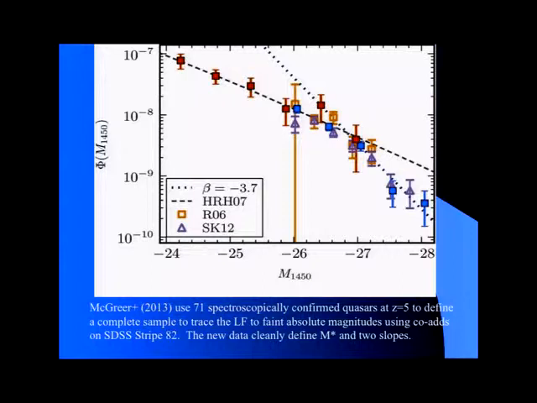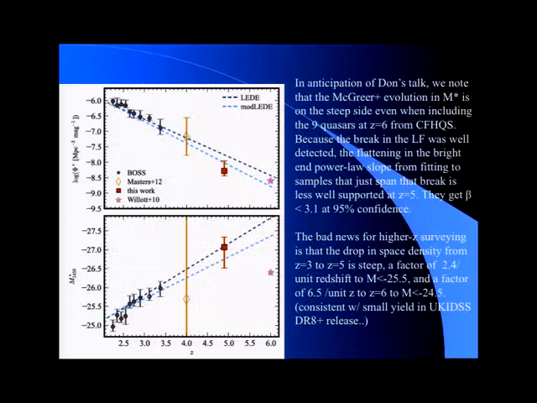It's just that the red points didn't exist before this survey paper, and so people were fitting to some combination of orange and purple, and were thinking that the bright end was actually flattening off as you went to higher redshifts. And their claim would be that that's really not the case, that what's going on is that they did define the break.